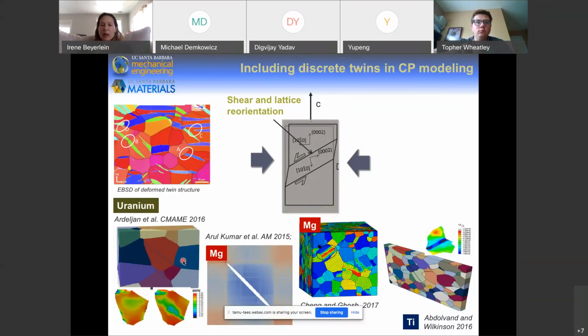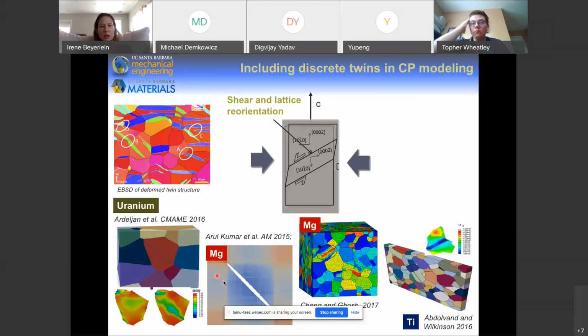So while these models that I mentioned sacrifice some of the atomistics, they do indicate what the local stress fields are and what drives the growth of twins within crystals. So this is relatively new. You can see by the dates that I have here, these researchers have developed some of these models.